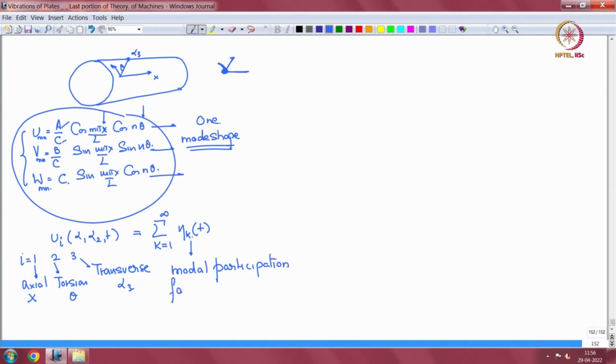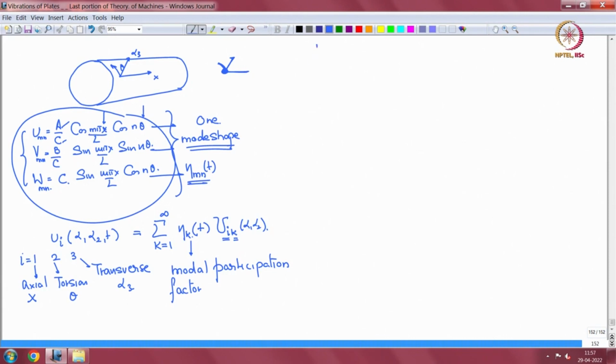That means how much of a single mode contributes to the total response, okay. So this mode will have a modal participation factor eta_mn of t, one modal participation factor, and this is the i displacement. So the mode shape has to be represented accordingly, i direction and the same mode shape, okay.